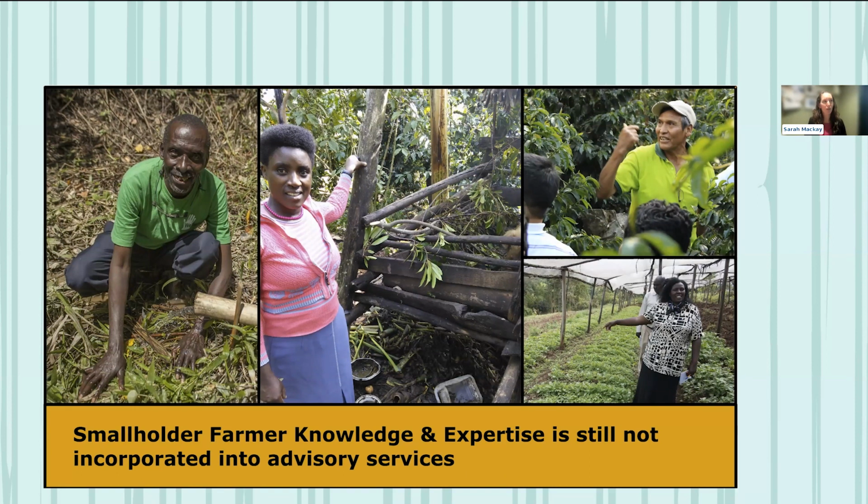One of the big things we learned right from the beginning was that although smallholder farmers may have low digital literacy or low literacy in general, they do have a lot of critical knowledge and expertise, which is very rarely incorporated into, say, a digital advisory service. A lot of the time we still see those services being more top down.